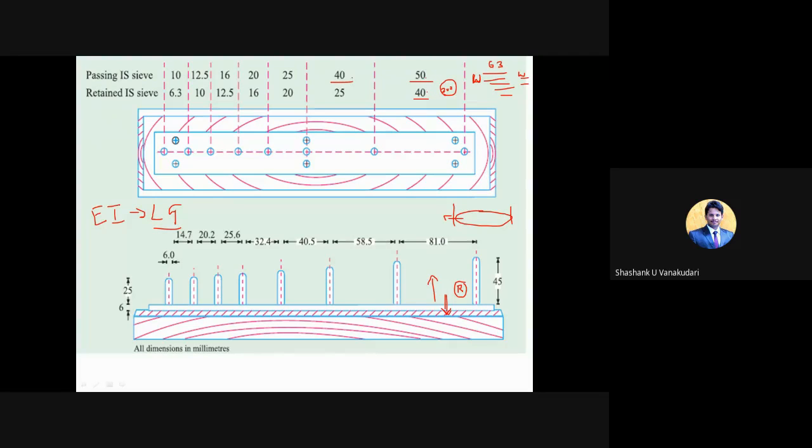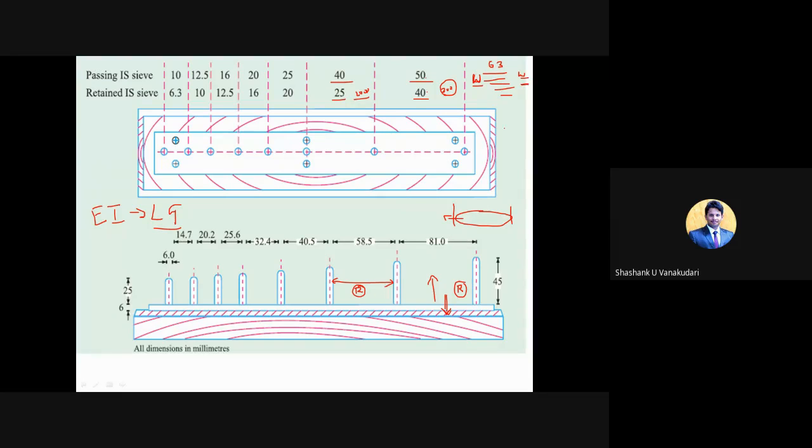Next you need to go with 40 mm passing, 25 mm retained. Here also you will collect 200 particles. Clear? Those 200 particles you note down as capital W, and you pass them through these two poles. Some aggregates will pass, some will be retained. You need to collect the retained particles again, and note those retained particles down as small w.